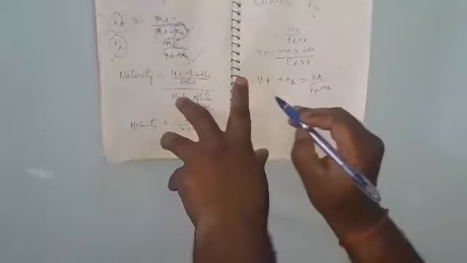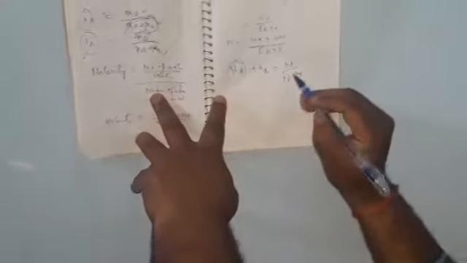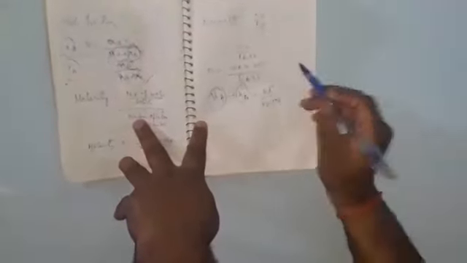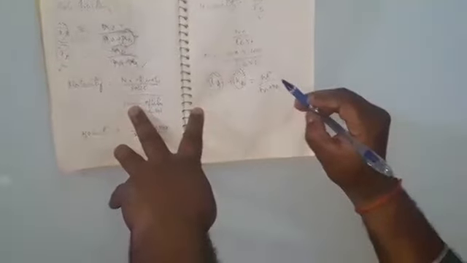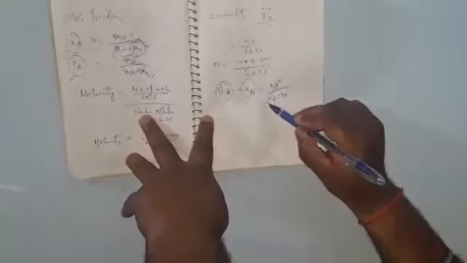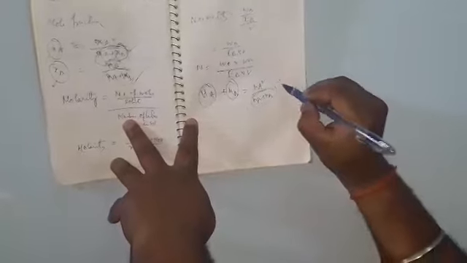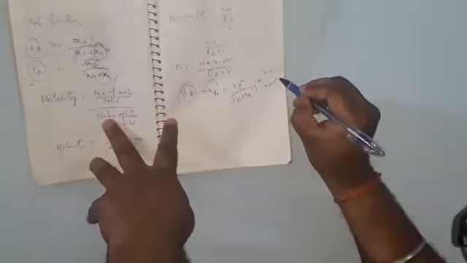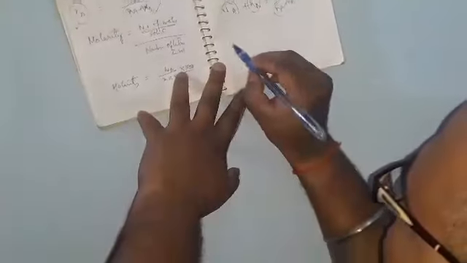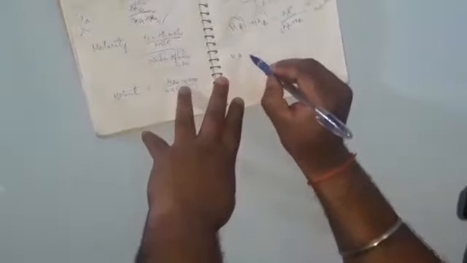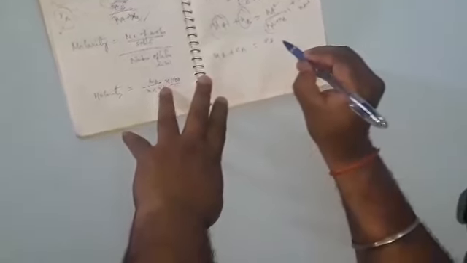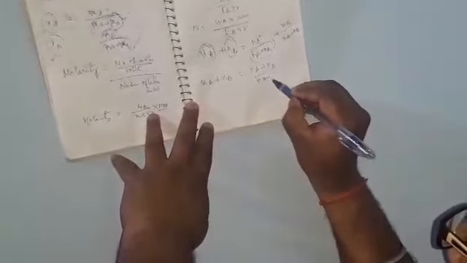XA is the mole fraction of A, and this is the mole fraction of B. NA is the number of moles of solute, and NB is the number of moles of solvent. So XA plus XB equals NA plus NB divided by NA plus NB.